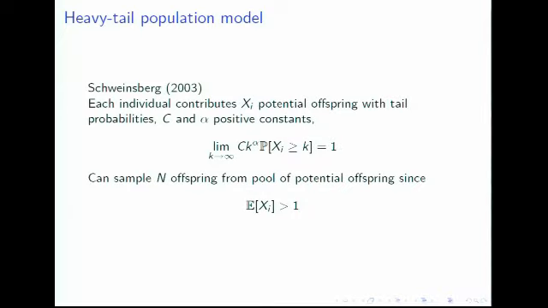Then from these potential offspring, you sample the new population uniformly, without replacement. And this condition on the expected value of the number of potential offspring guarantees that when n is large enough, you always have enough potential offspring to maintain a constant population size.